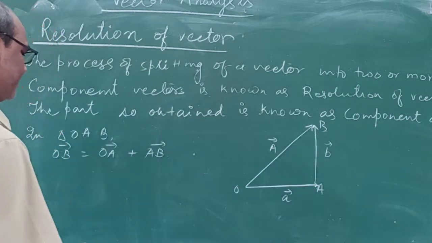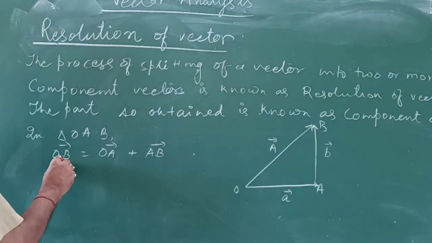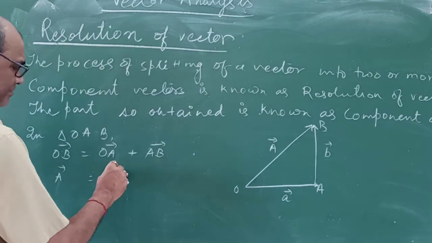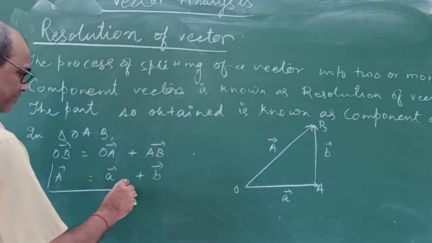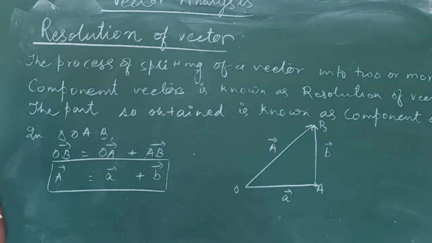Therefore, vector A is equal to vector a plus vector b. So, vector A can be resolved into a and b.